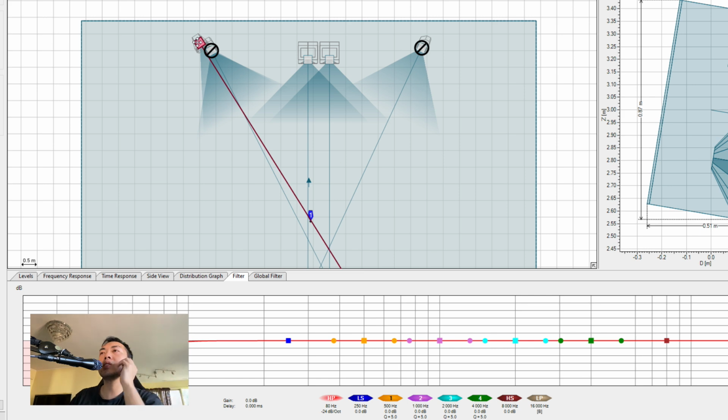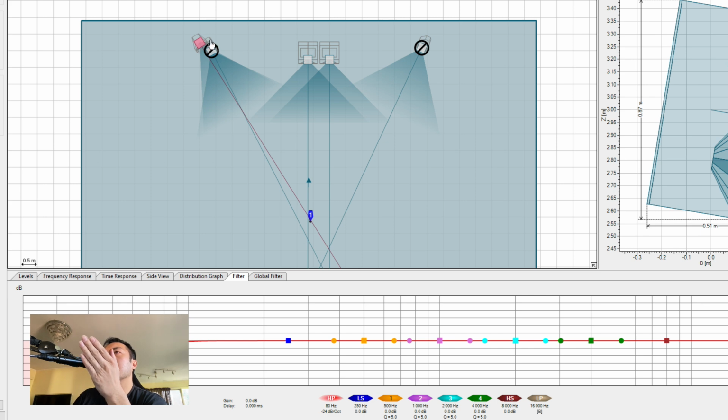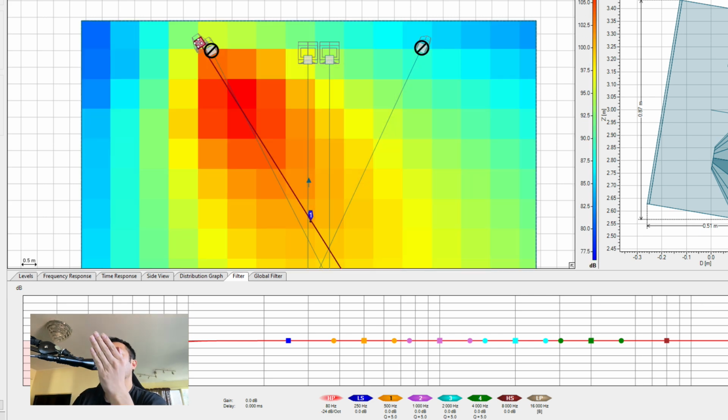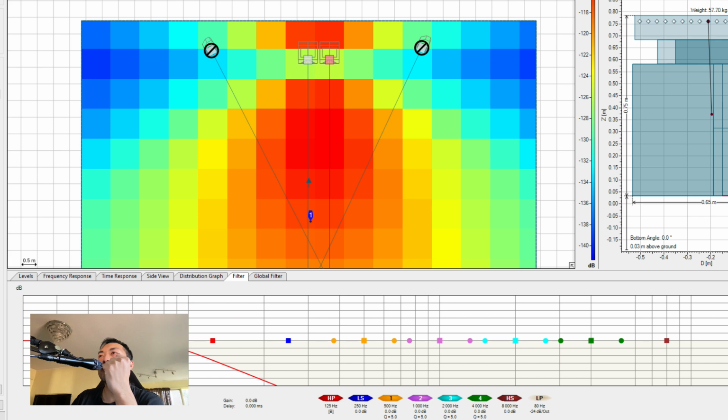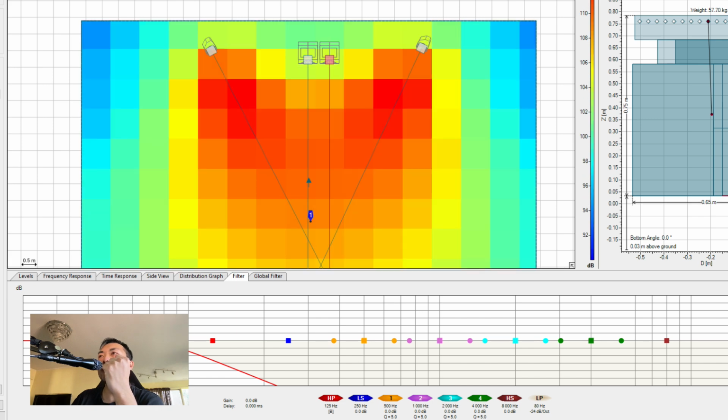But the point I'm trying to make is that in a studio space like this, because the subwoofers are doing the heavy lifting of the bass, having something like a 15 can actually be detrimental to your sound, because there is such a thing as stuff becoming too big.